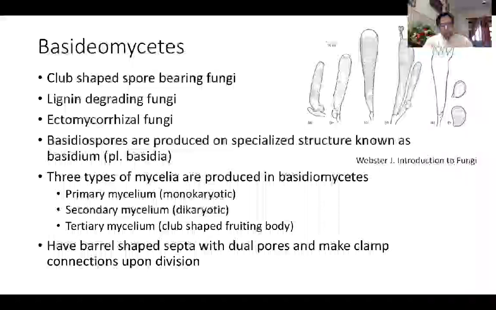So if I conclude all this, basidiomycetes are the fungi which have club-shaped bodies on which basidiospores are present, and these club-shaped bodies are known as basidia. Then these basidiomycetes are present in 3 stages: primary mycelium, secondary mycelium, and tertiary mycelium.